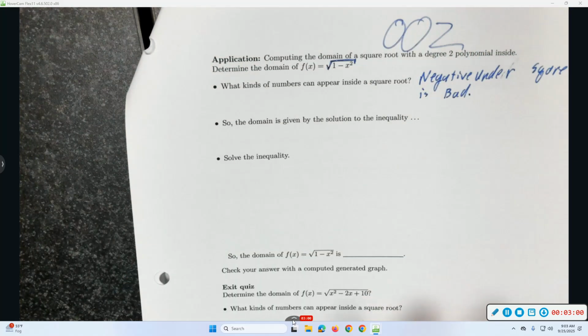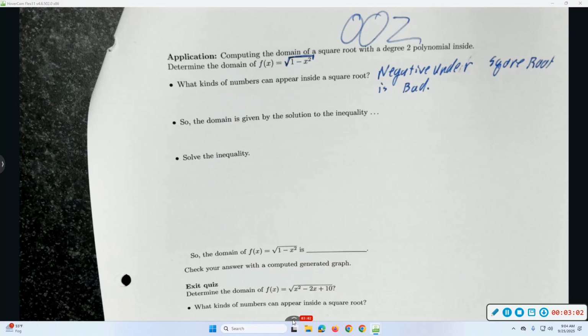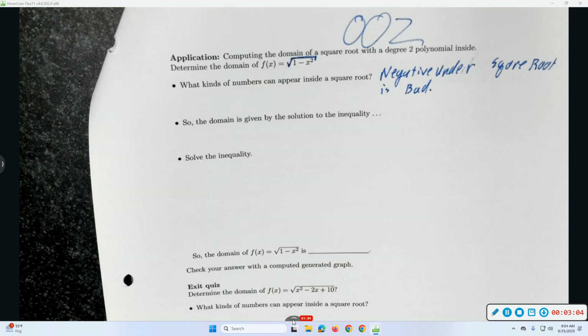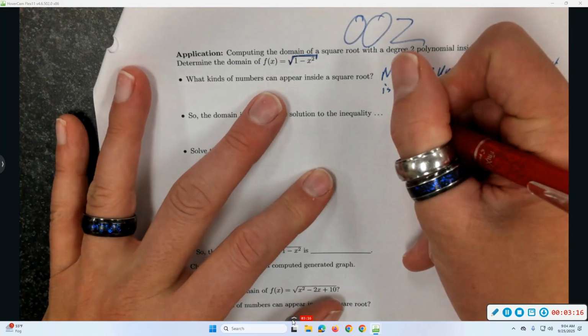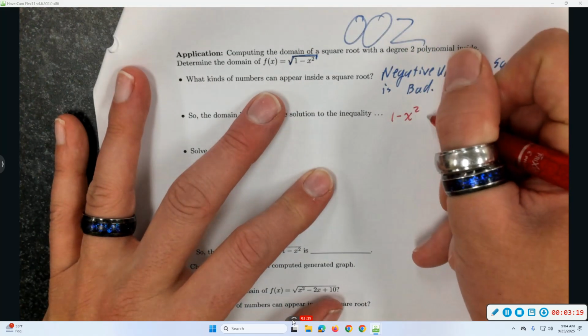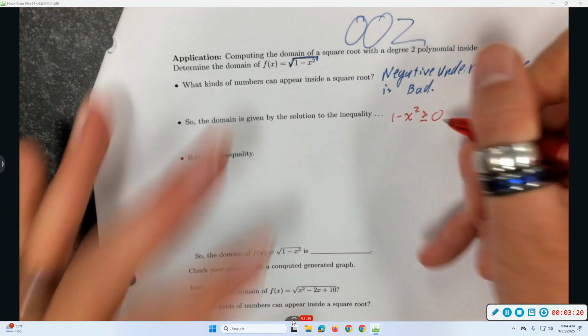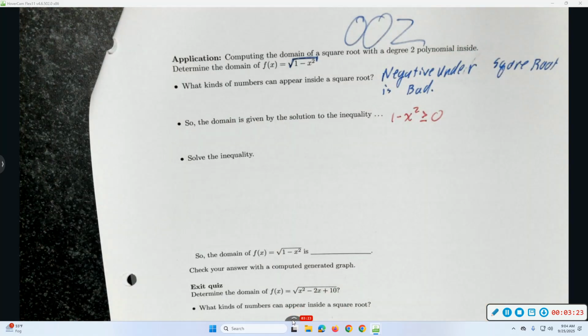I need to avoid negatives being underneath that square root. So there's an inequality I need to solve, right? The stuff under the square root has to be non-negative, so that's bigger than or equal to 0. So we need to solve 1 minus x squared bigger than or equal to 0.